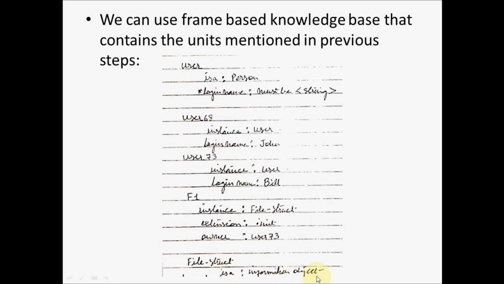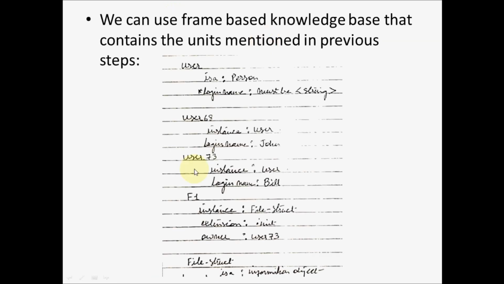It's an information object. When I say file structure is an information object, that means it could be a flat file, it could be an index sequential file with respect to operating system information object, right? Then further continuation, printing. I want to print, no? So what is printing? Printing is a physical event where the agent must be an animate being or a program.